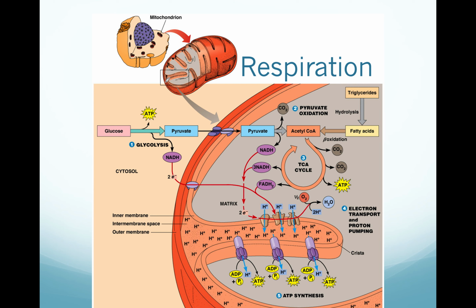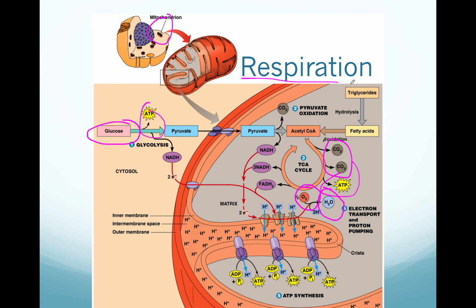So cellular respiration happens in the mitochondria. We take in glucose and oxygen, and then we lose some energy, and we lose some water and some carbon dioxide.